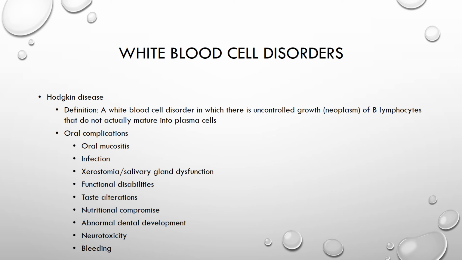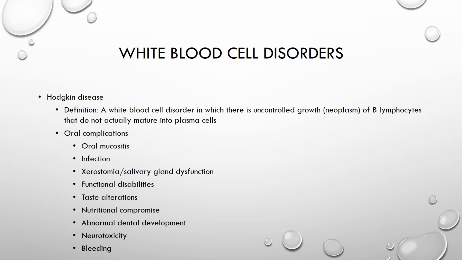Okay, Hodgkin's disease is another cancer of the white blood cell system. It's where there's uncontrolled growth or actual neoplasm of B lymphocytes that do not mature into plasma cells. This can have a variety of oral complications, oral mucositis, which is painful, infection.